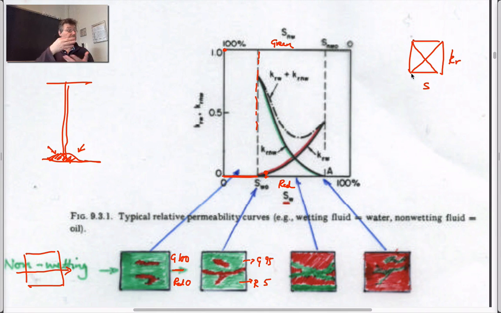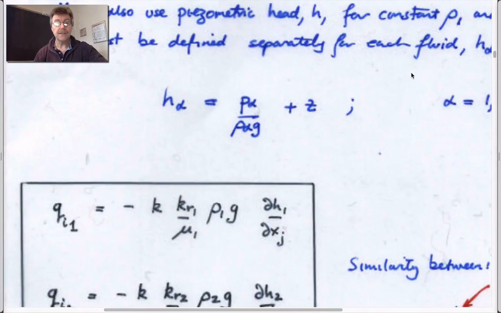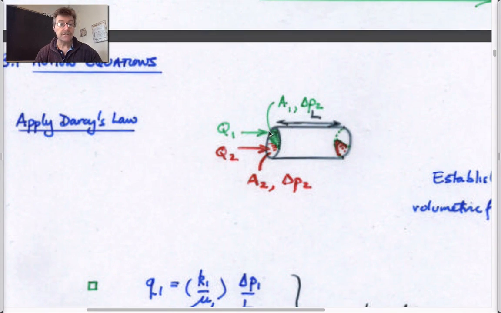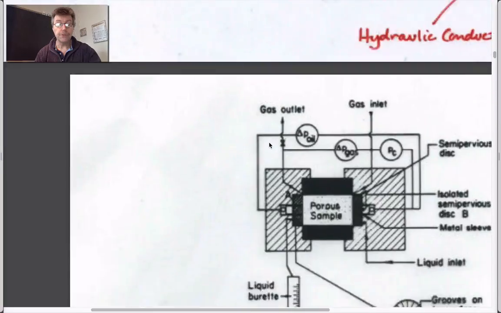It's really just the cross-sectional area that's wetted, based on this kind of argument. If it's 50-50 saturated, roughly you'd be contributing 50-50 from each phase. If it's 95% red and 5% green, those would be the proportions you'd remove.